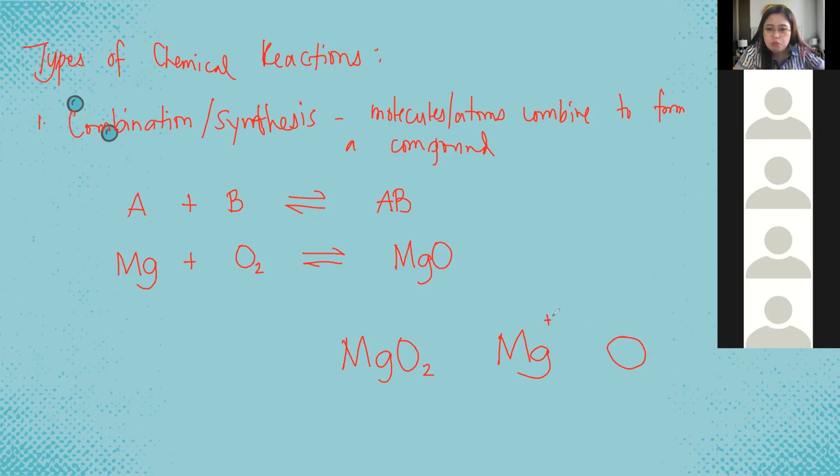Di ba si magnesium kay positive 2, tapos si oxygen kay negative 2. I hope wala mo nag-pass is pass na paghuman sa prelim exam gikalimtan na ninyo tanan kay kailangan nato to sa atuang succeeding na mga lessons.